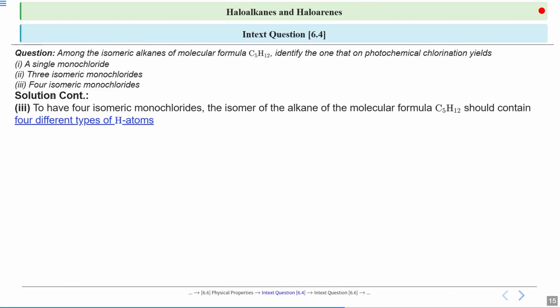Now, for the third part, to have 4 isomeric monochlorides, the isomer of alkane of the molecular formula C5H12 should contain 4 different types of hydrogen atoms, right?